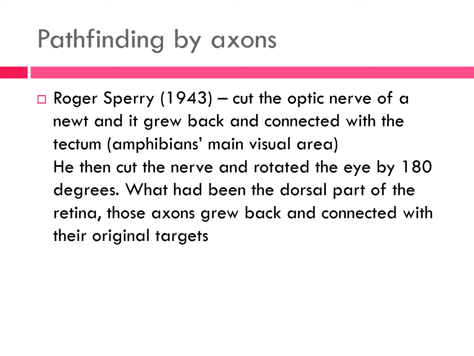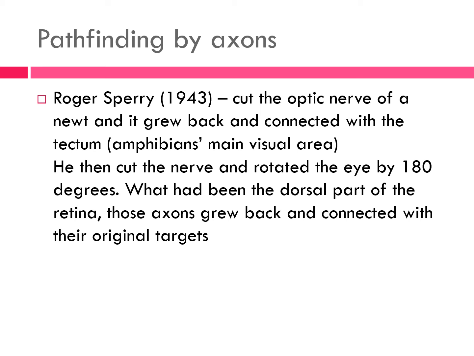The tectum in the newt and in amphibians is their main visual area. It's not a very interesting visual world, in my opinion, but that's what they get. He then cut the nerve and he rotated the eye by 180 degrees. And I always have to do this with my hands. So flipping the eye basically upside down.